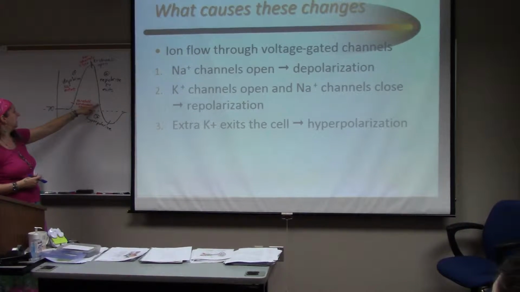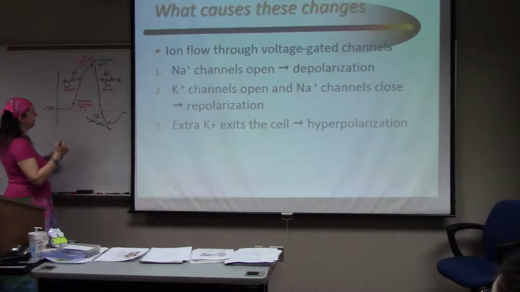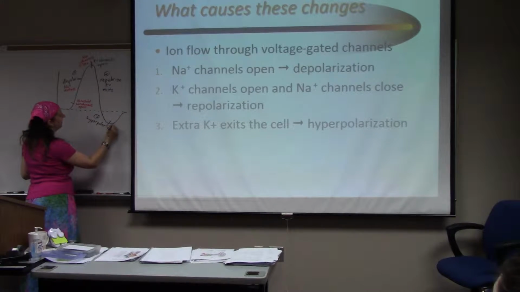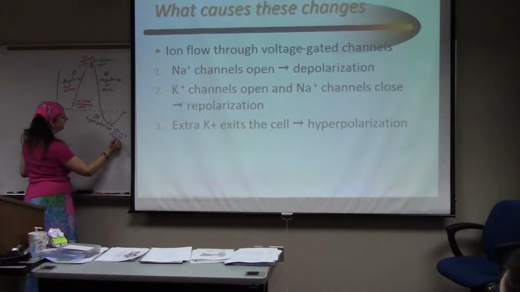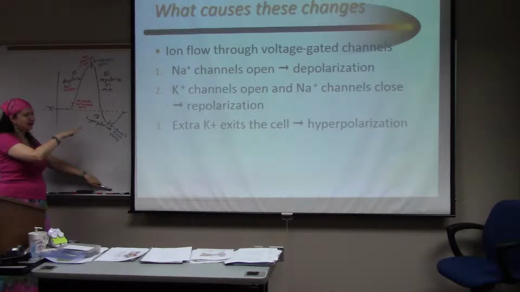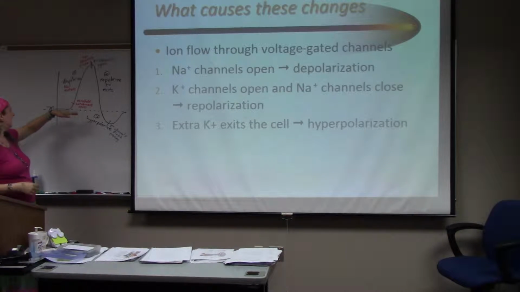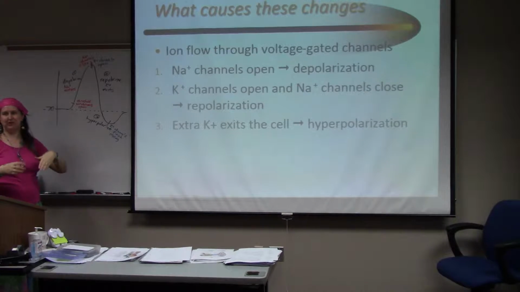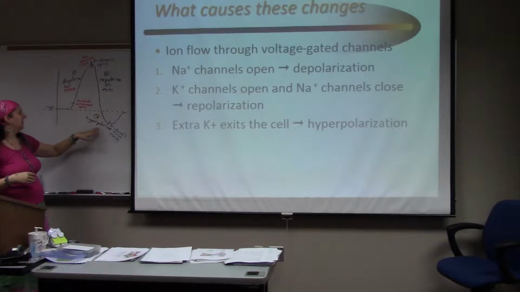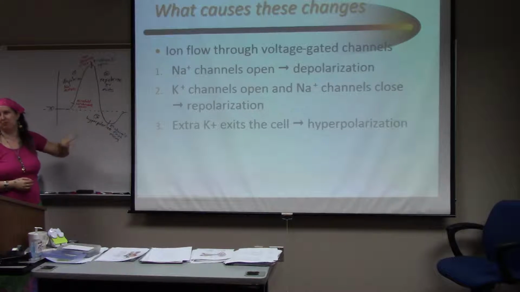They start closing here, but it takes them until here to actually get shut. So more potassium is sneaking through. And that's why instead of just letting out the same amount of potassium we let in and balancing the charge, we're letting out extra and hyperpolarizing.